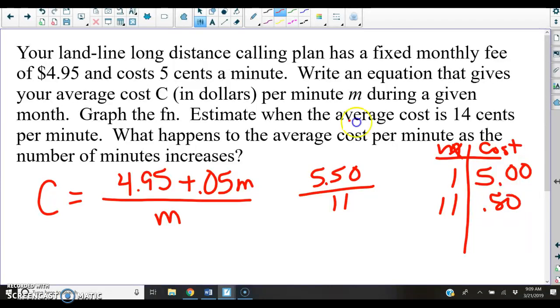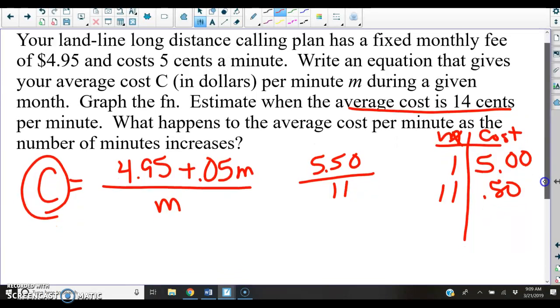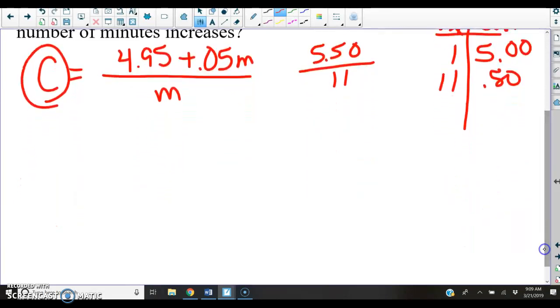Okay, so now it says estimate when the average cost is 14 cents. Well, C is your cost per minute. Okay? C is the cost per minute. So, maybe it'll let me do this. I want that to be 14 cents, right? I think that's what it was.